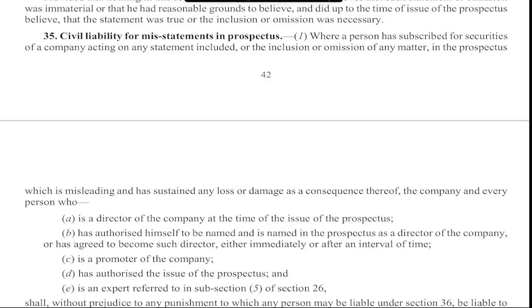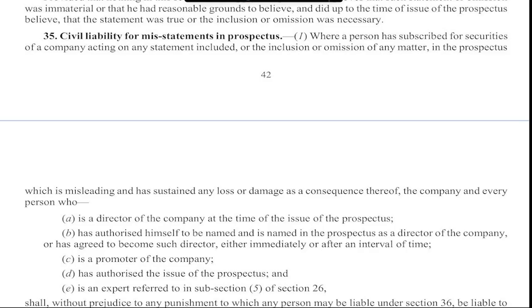If shares are not subscribed but purchased through the stock market, protection is not available. Okay?